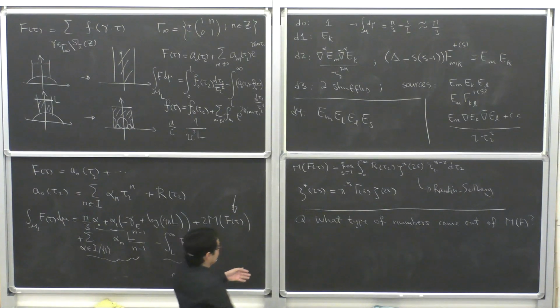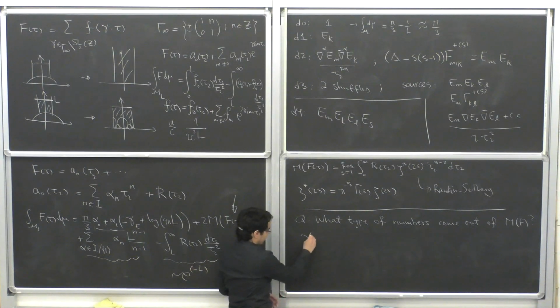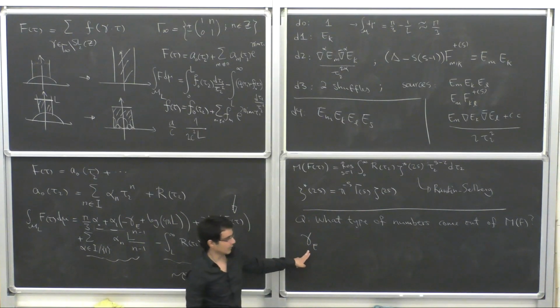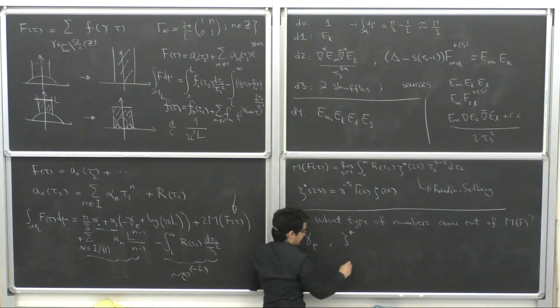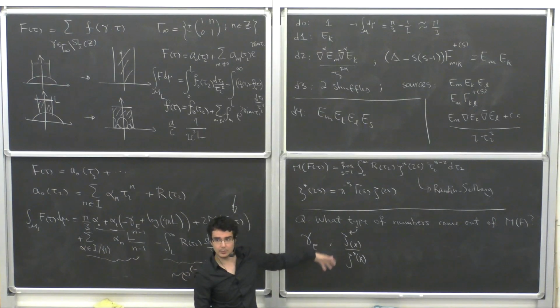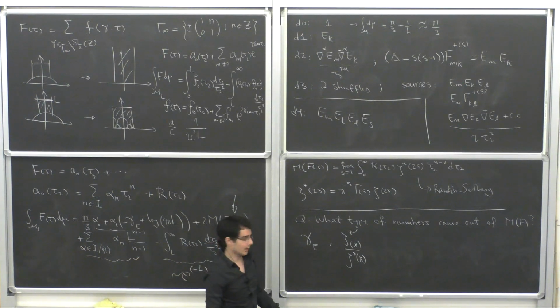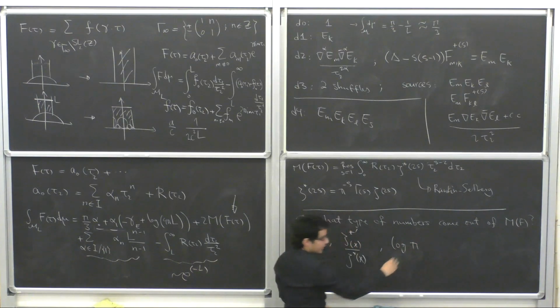And so in some of the examples that we saw, for example, we have Euler-Mascheroni that comes out of this. We have zeta star prime over zeta star, and log of pi, many different things come out.